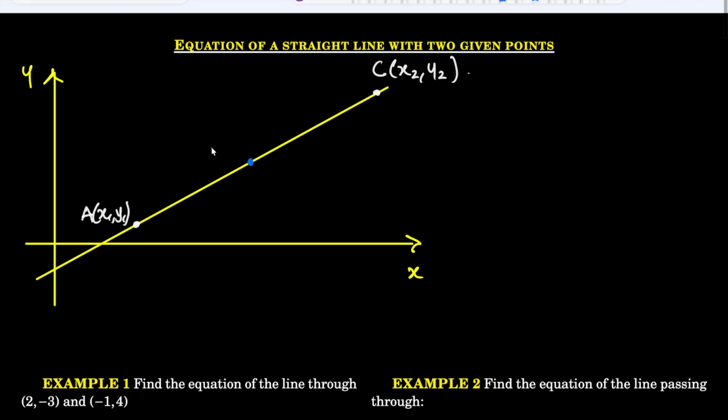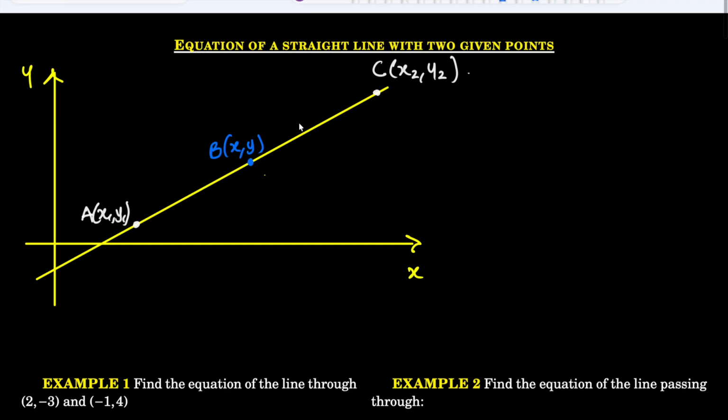Let's call this point B. Now this point is just going to be x, y, because it is a variable. x1, y1 is not a variable. x2, y2 is also not a variable point, but the one right here in the middle, which is B, is a variable point.